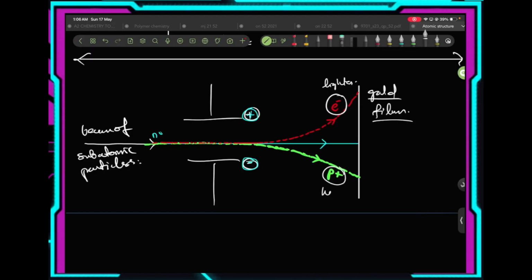We can call this angle of deviation theta 1, and this angle of deviation theta 2. So theta 1 is greater than theta 2. Why? Because the electron is lighter, it deviates more in the electric field. Clear?